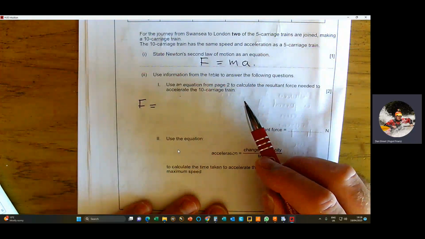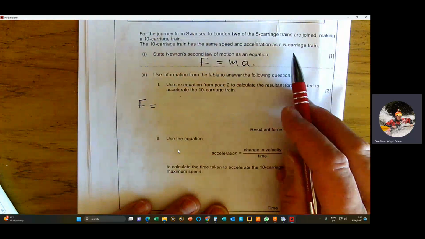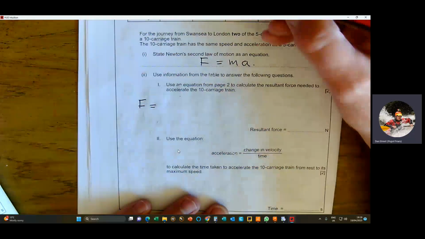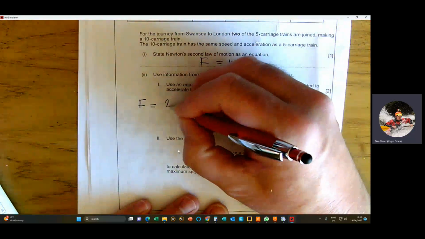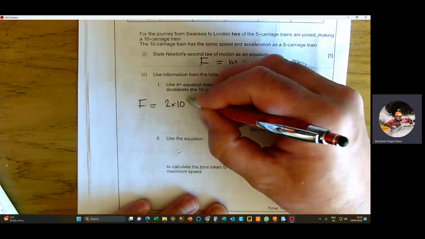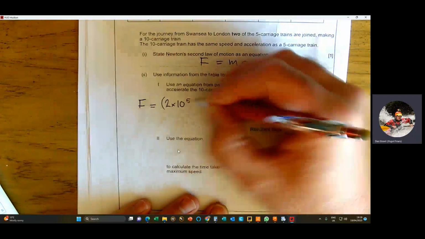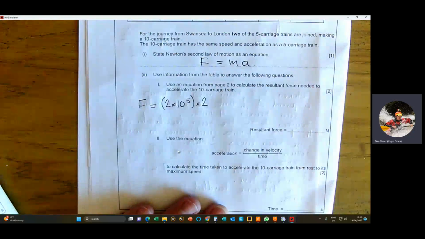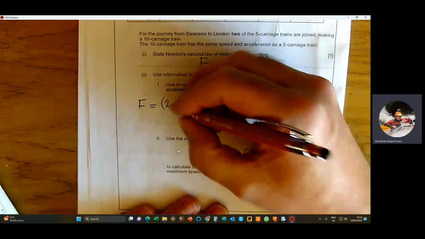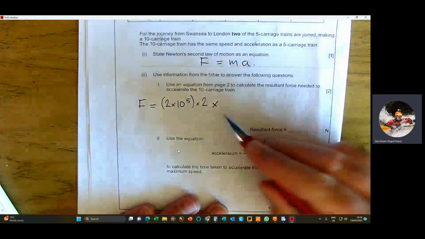So the mass we're talking about here is the mass of 2 5-carriage trains. Okay, so we've got the mass of 1 5-carriage train there. So it's 2.3 times 10 to the 5 kilograms times 2, because there are 2 of them to make up the 10-carriage train. And then we're going to multiply that by the acceleration.